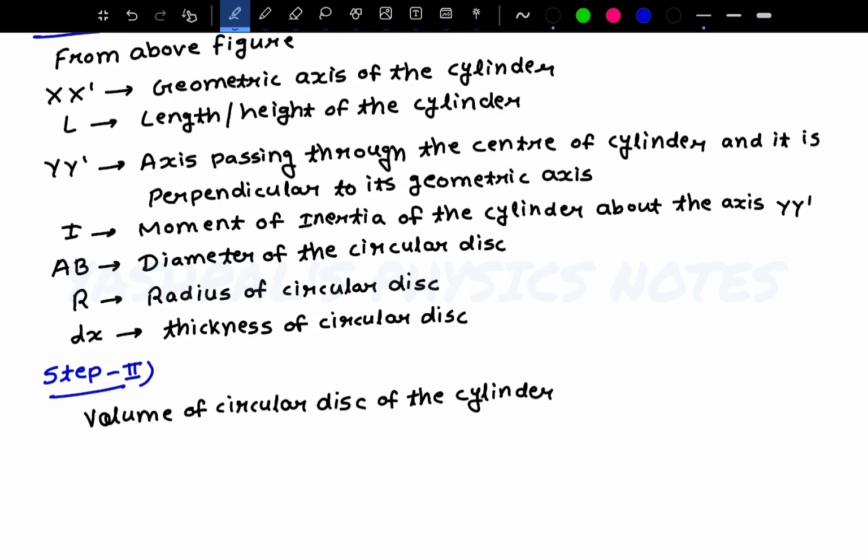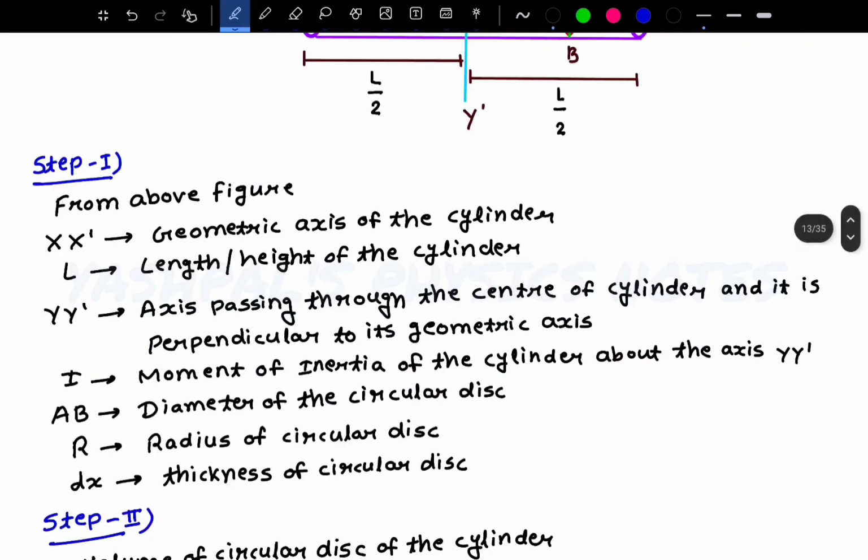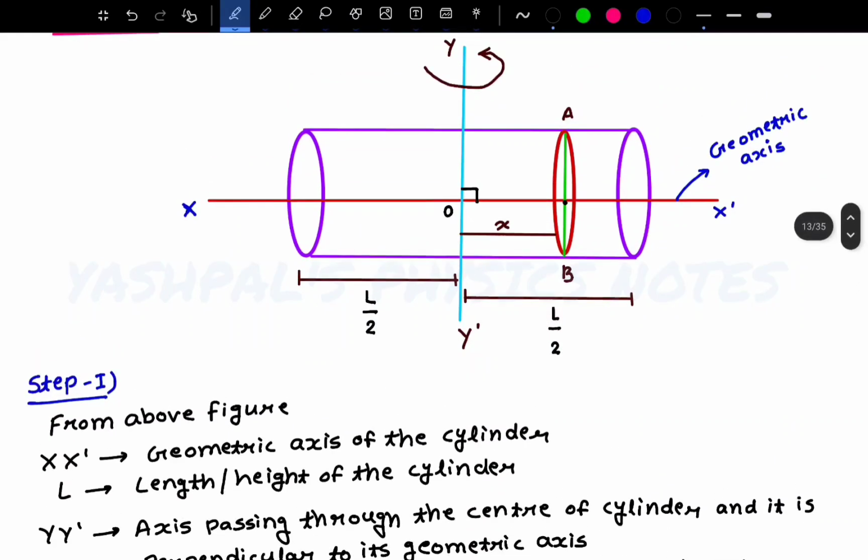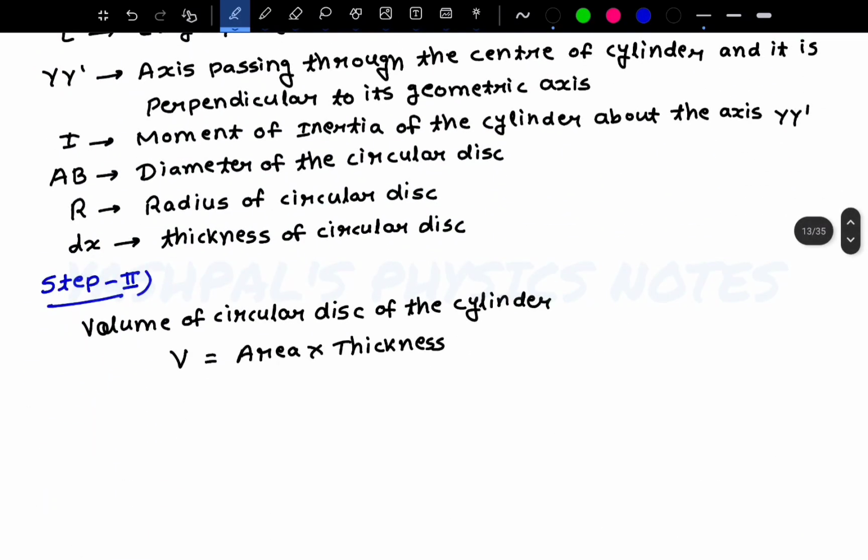Let volume be capital V and its formula is given by area into thickness. As I have told you, this solid cylinder is made up of n number of these circular discs. So here we are considering the area of circle.